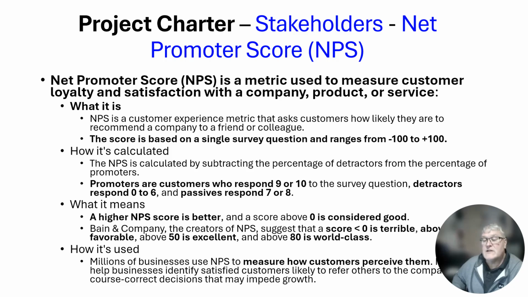A score of 0 is considered good. Bain & Company, the creators of the NPS, suggest that less than 0 is terrible, it's unfavorable, 50 is excellent, and 80 would be world class. And how it's used, millions of businesses use the NPS scoring system to measure how customers perceive them. And on the next slide, I'll show you an example of one.